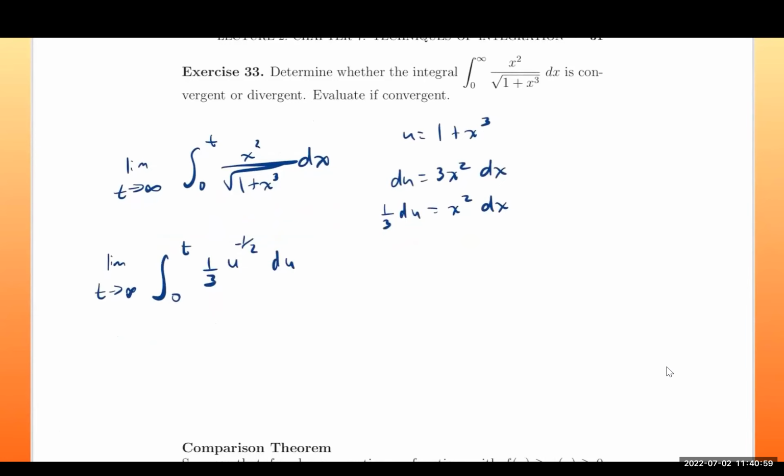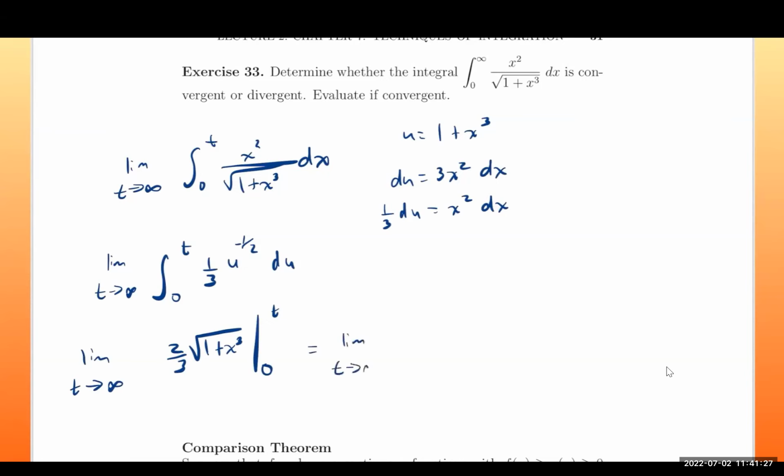And then taking the antiderivative would give us positive 1/2, so that's going to be 2/3 u to the 1/2. I'm going to go ahead and replace the u back in with 1 plus x cubed. We want to keep it in terms of x instead of u to make it easier on us. All right, so this is it.